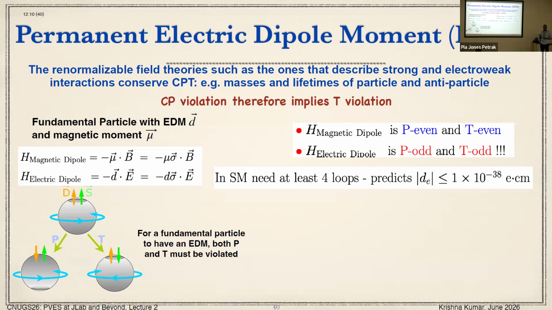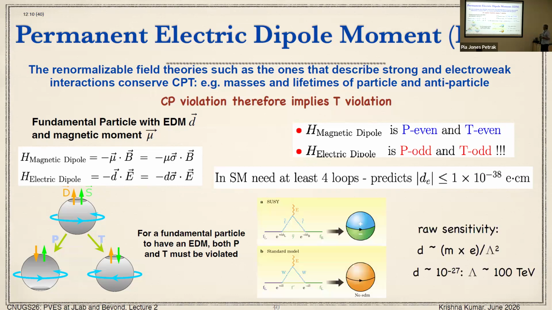But 10 to the minus 28 is to tell you that something the size of the Earth has a wobble due to an electric field the size of a human hair. That's the scale we are looking at. It's kind of ridiculous. Okay, 4 loops in the standard model, but the moment you put SUSY in, boom, you lose 10 orders of magnitude. And that's the interest in trying to do current sensitivity, is that you are sensitive to TeV scale physics, higher dimensional operators.